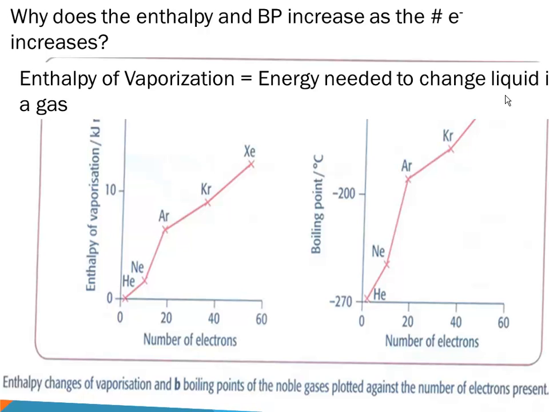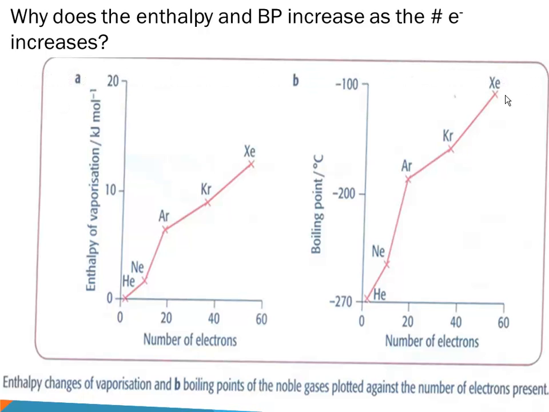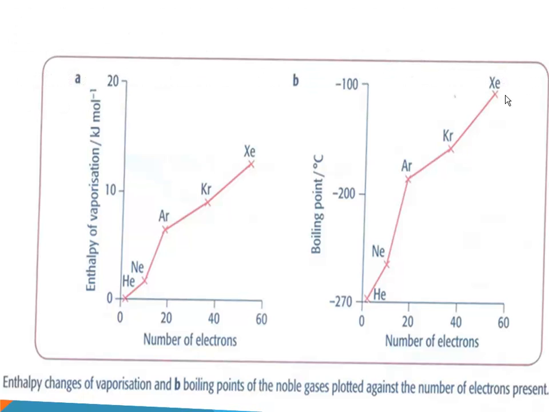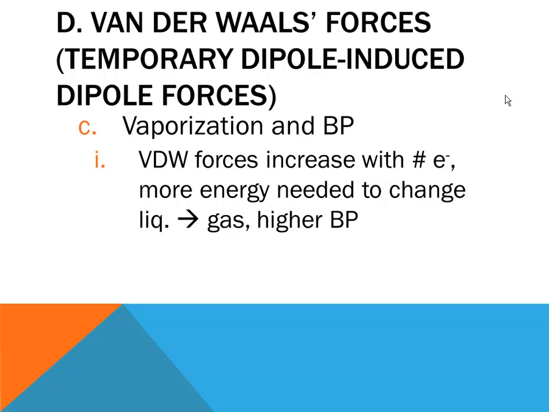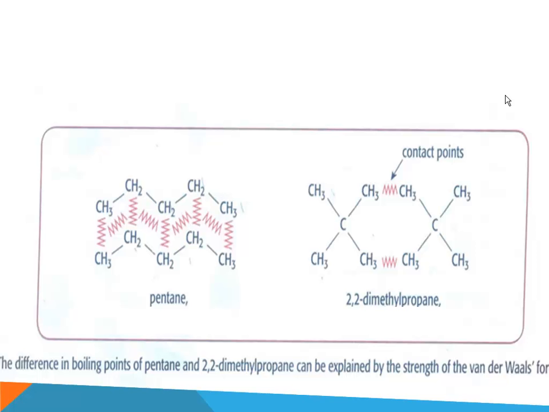So again, why do the enthalpy and boiling point increase? It's because the energy needed to change the liquid to a gas is higher than when you have fewer protons and fewer electrons. So with van der Waals forces, as the number of electrons increases, it takes more energy to change a liquid to a gas, and there's a higher boiling point.